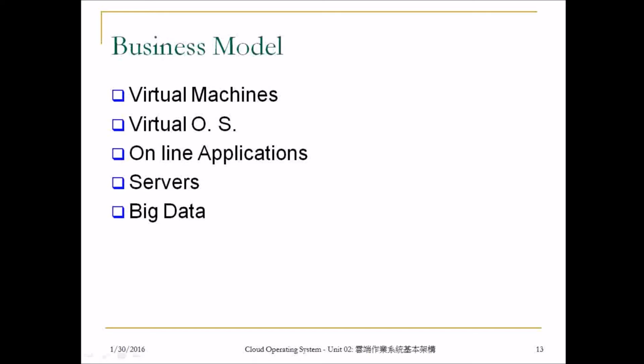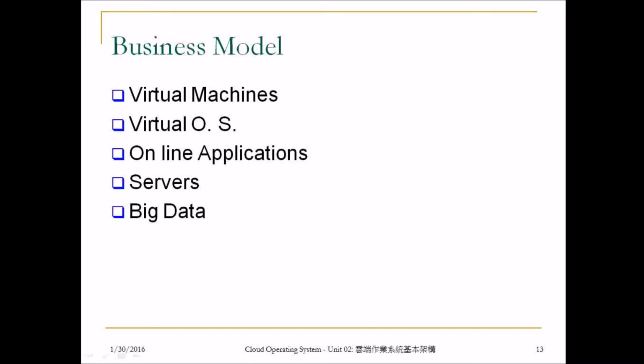Furthermore, the SaaS, software as a service, can provide the online application of software for our client user. All the service only need to be connected by the internet or network.